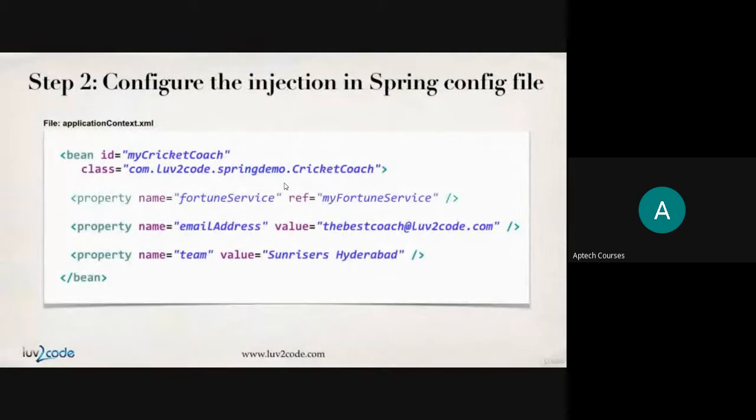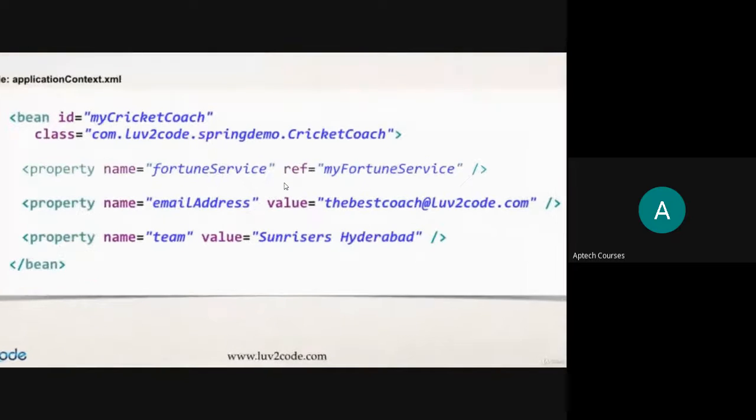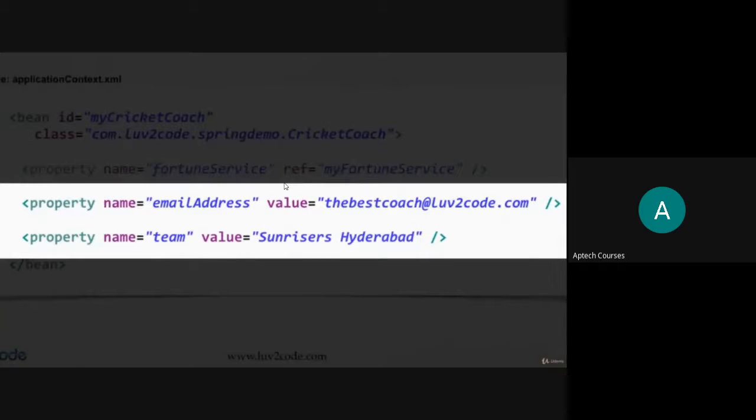All right, so now that's taken care of. Now we do step two, configure the injection in the Spring config file. So again, here's my cricket coach. Then I have these two new entries here for property name equals email address, and then value. Now I give the actual value of the email address, the best coach at lovetocode.com. And note here the attribute name is value equals as opposed to ref.